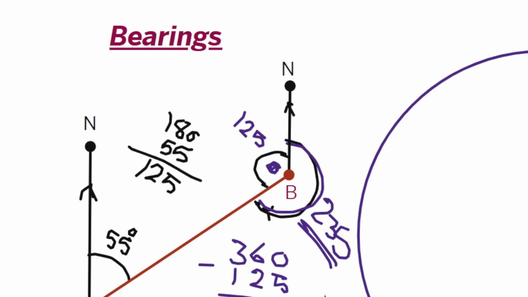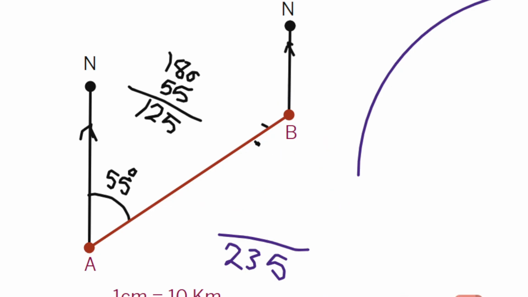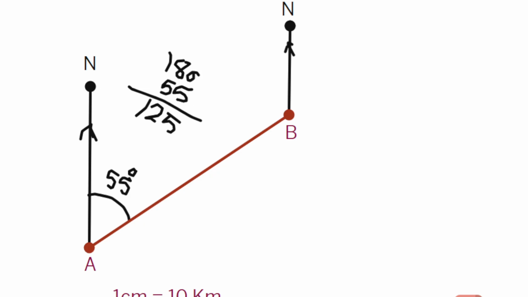Sometimes they tell you it's not drawn to scale. They give you the question like that, and they tell you this angle is 55. They tell you the bearing of B from A is 55. Find the bearing of A from B.